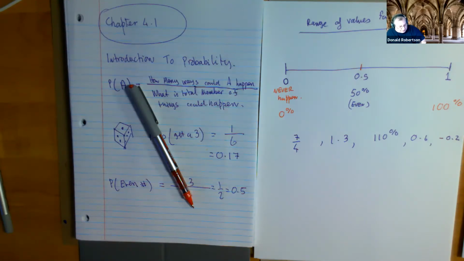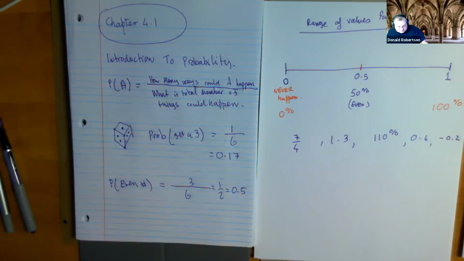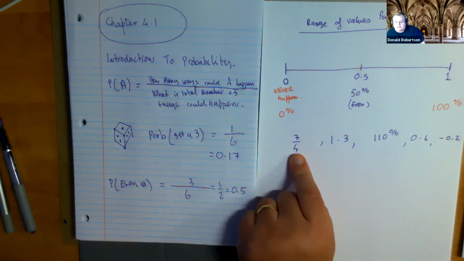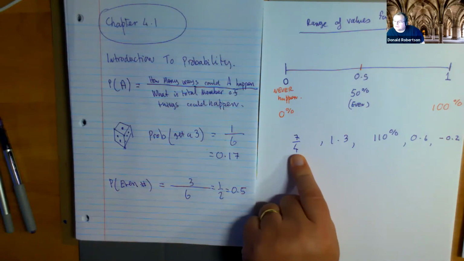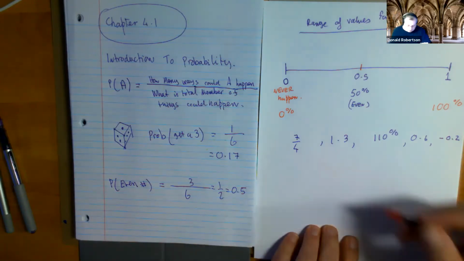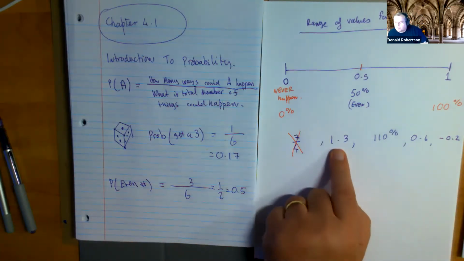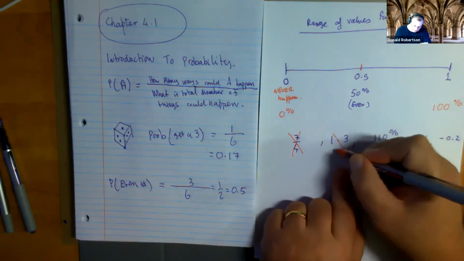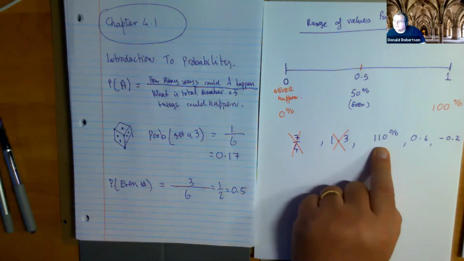And we're going to go through each one and see whether or not that could be a probability. Could you do a thing and get a probability of 7/4? Too big. What about 1.3 probability? Too big. Great. 110%. Could you have a, right?